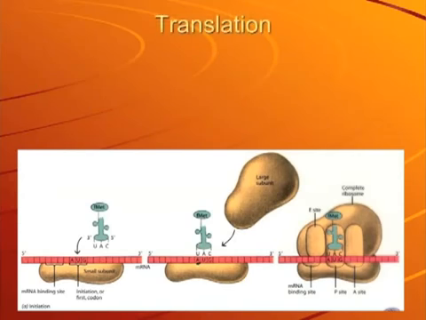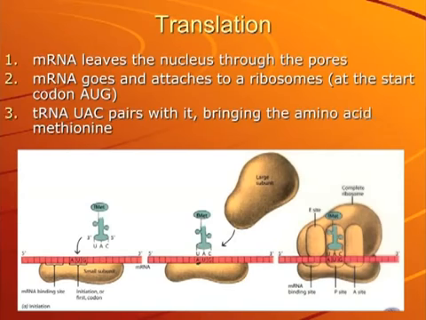So translation occurs in a few different parts. The first 3 are very, very important. The mRNA has been transcribed and leaves the nucleus through the pores. Then the mRNA attaches to a ribosome, and it's always at the start codon, as you see, AUG.